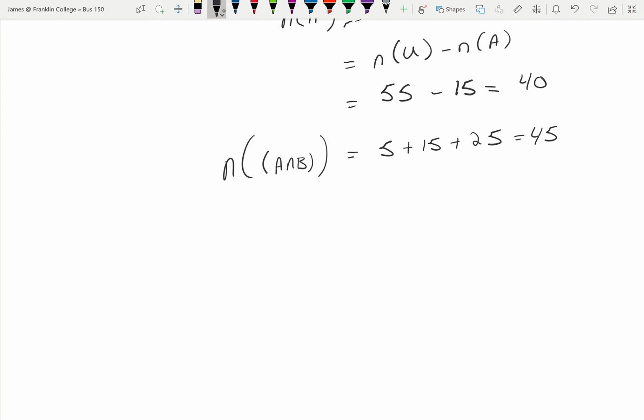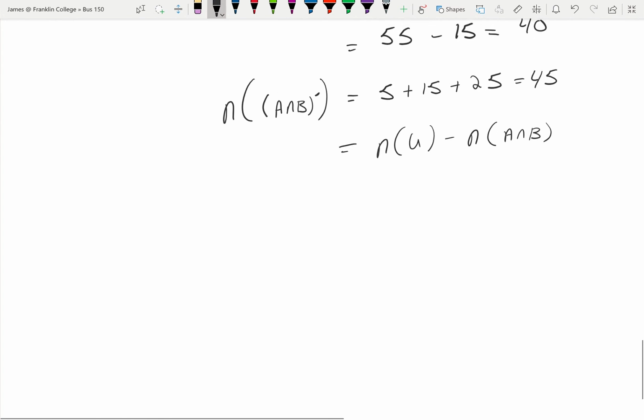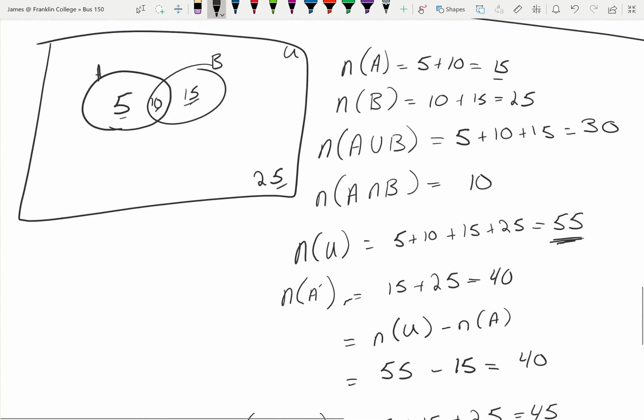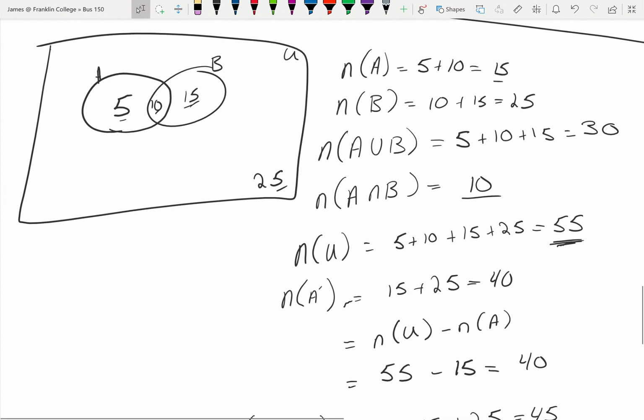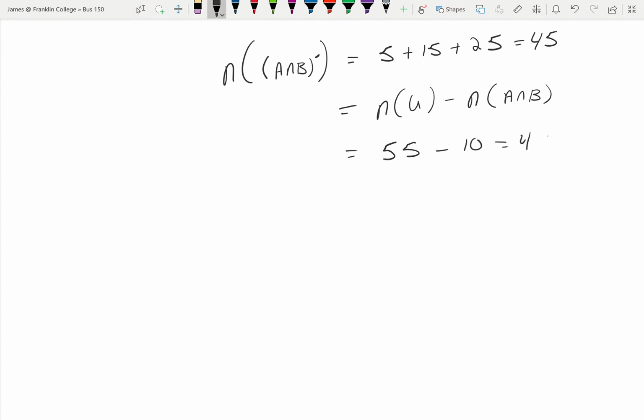Or, once again, we're trying to calculate the number of elements that's not in the intersection of A, B. Another way that we can think about this is the number of elements in the universal set minus the number of elements in the intersection of A, B. So if we know the number of elements in the universal set, once again, 55, and the number of elements in the intersection, so for us that's just 10, the number of elements in A intersect B, then the number of elements that's in the complement of A intersect B is 45 elements.